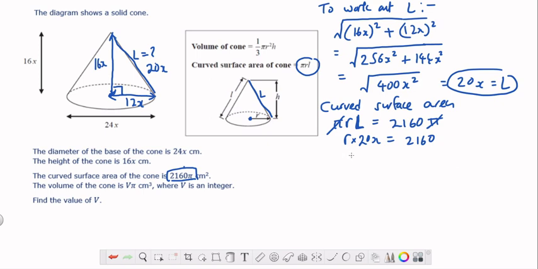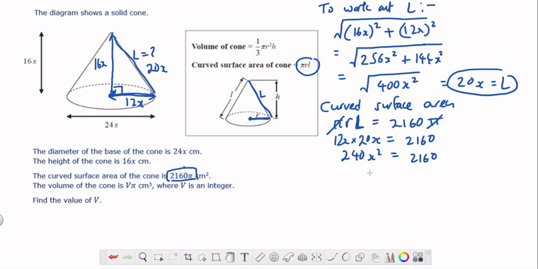So the value of R, we can say that R over here, we already know that as 12x. So I'm going to put that there now. We know the value of R, the radius of the circle is 12x. So I should have put that there already. So let's see what that equals to. Let's simplify. 12 times 20 gives you 240, and x times x is obviously x squared.